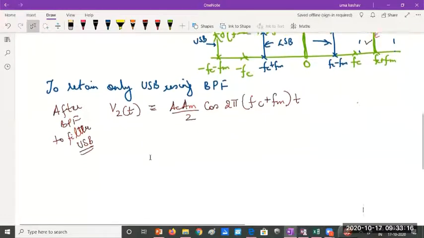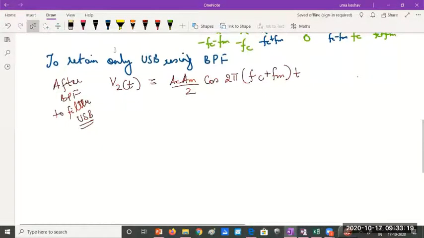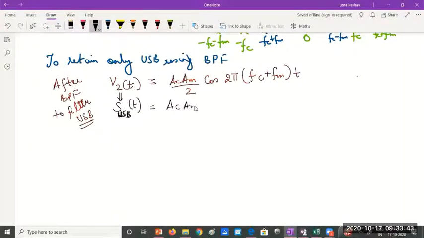Now to get the exact expression for SSB. This V2 of t is supposed to be the SSB signal. And if you want, I'll write it as USB because I have filtered out USB, S_USB of t. It's the same. Now, I want you to expand this in the form of cos(A plus B). How do you expand it in trigonometry?